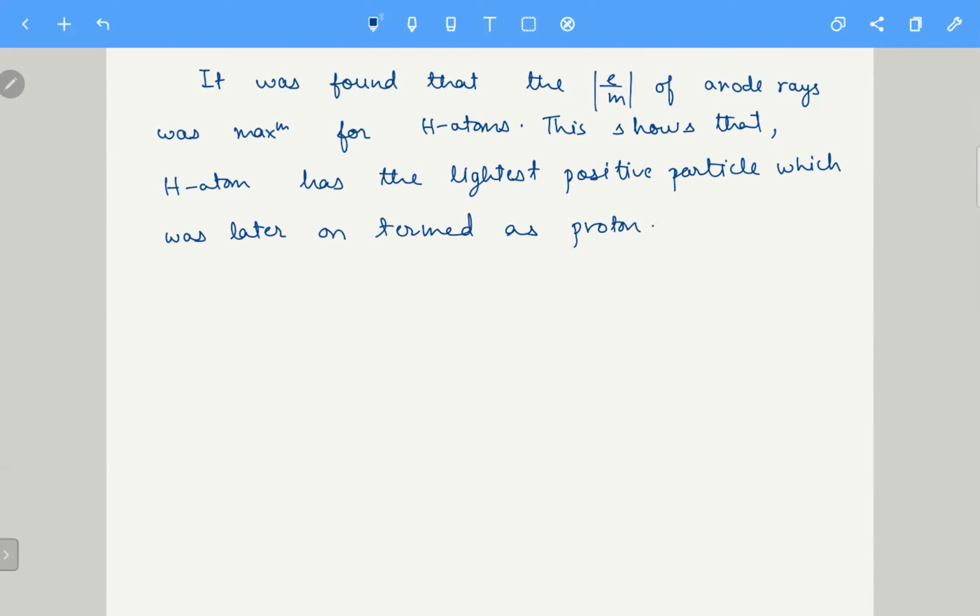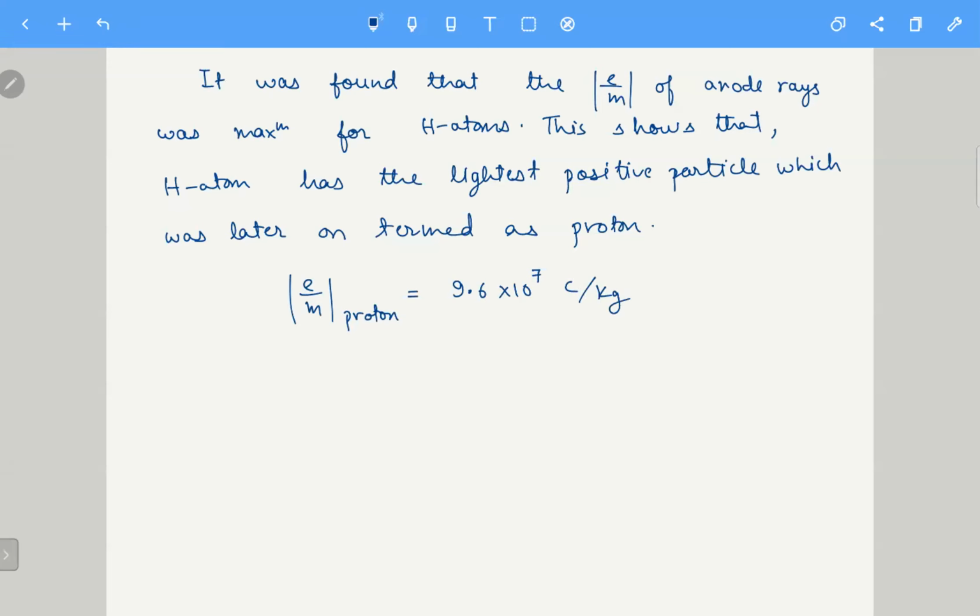Let me give you the value of e by m of anode rays for hydrogen, which is approximately e by m for proton, approximately 9.6 into 10 to the power 7 coulombs per kg.